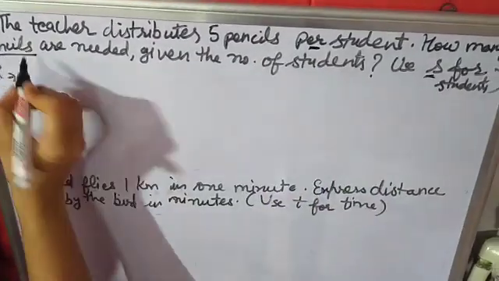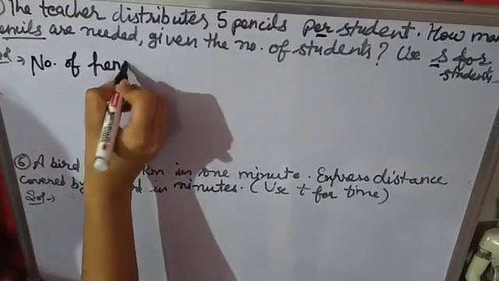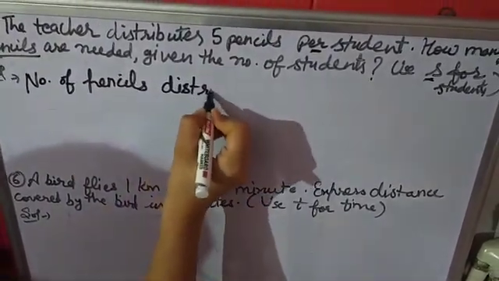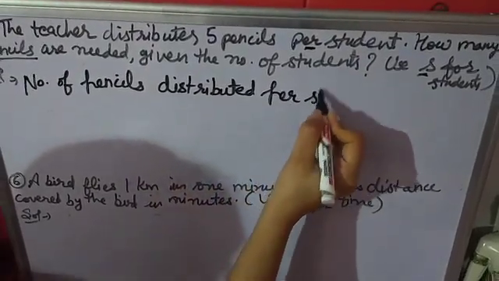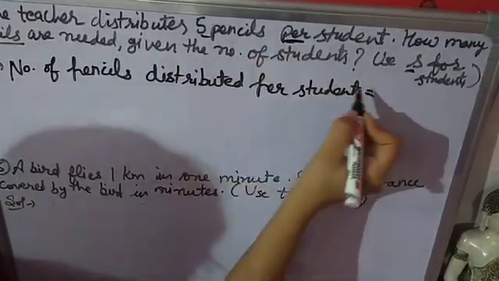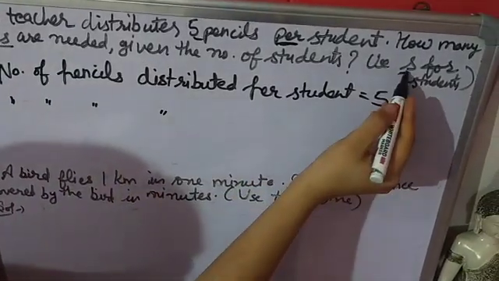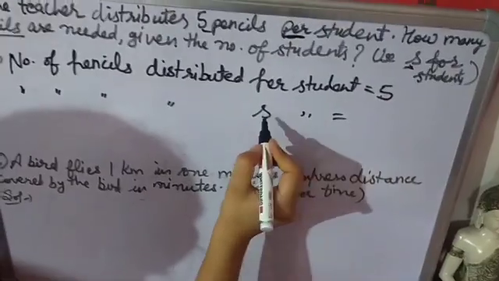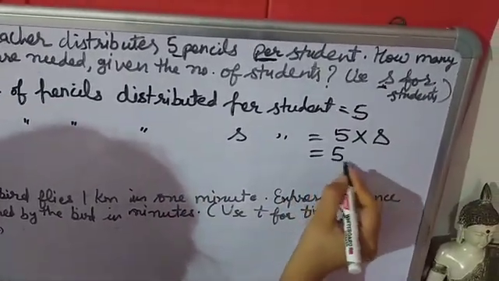We have to find the number of pencils. So we will write number of pencils distributed per student: 5. Now the number of pencils distributed for S students will be 5 into S. So it will be 5S.